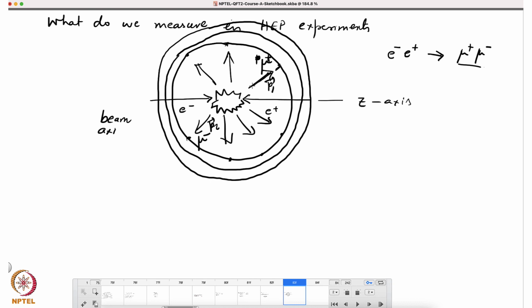Or if you want, we can say that it has a central momentum p1, and we allow for some spread in some range around this, and similarly for this.